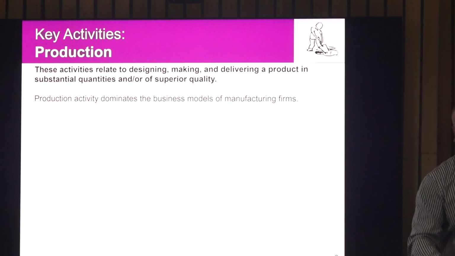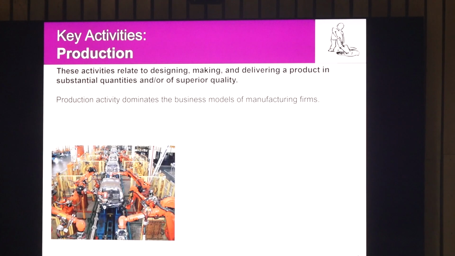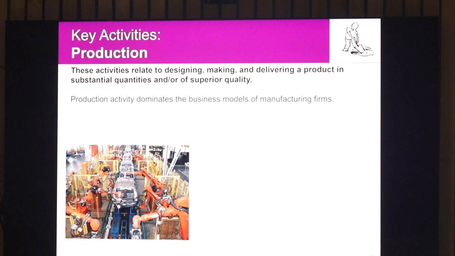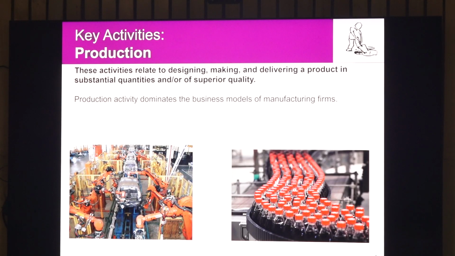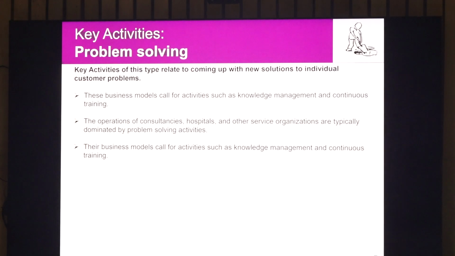Anything that you see, including your notepad, including your pen. It can take the form of a car, or a bottle of cola. These are all production operations. You're well aware of what happens in production environments. They take raw materials, process them, and turn them into output that is fit for purpose for customers.